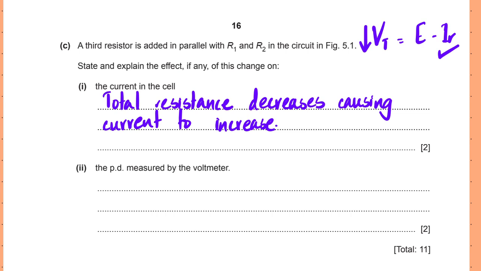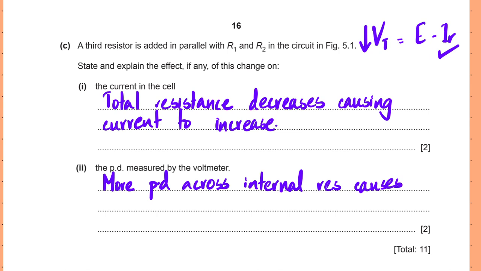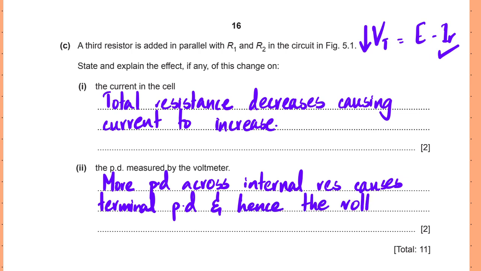So I'll say that more potential drop across internal resistance causes the terminal potential difference to decrease, and hence the voltmeter reading to decrease.